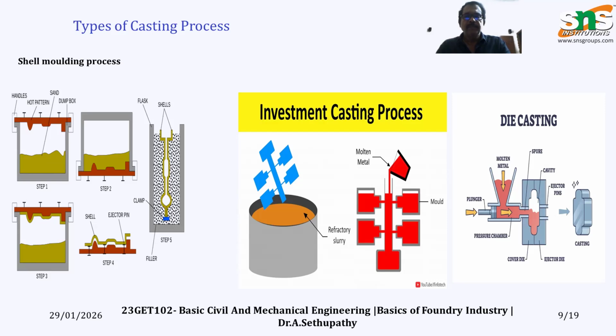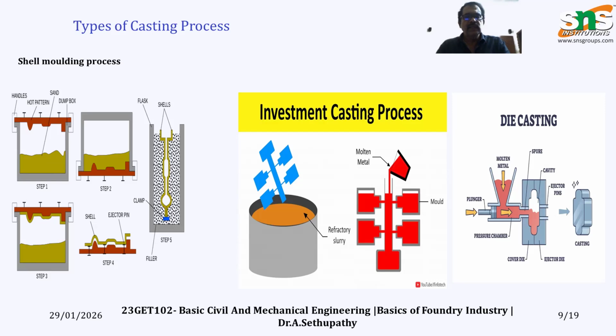We remove the shell mold from the sand-filled area and break the shells, and we get the desired shape of the casting. This is one of the molding processes, called the shell molding process.